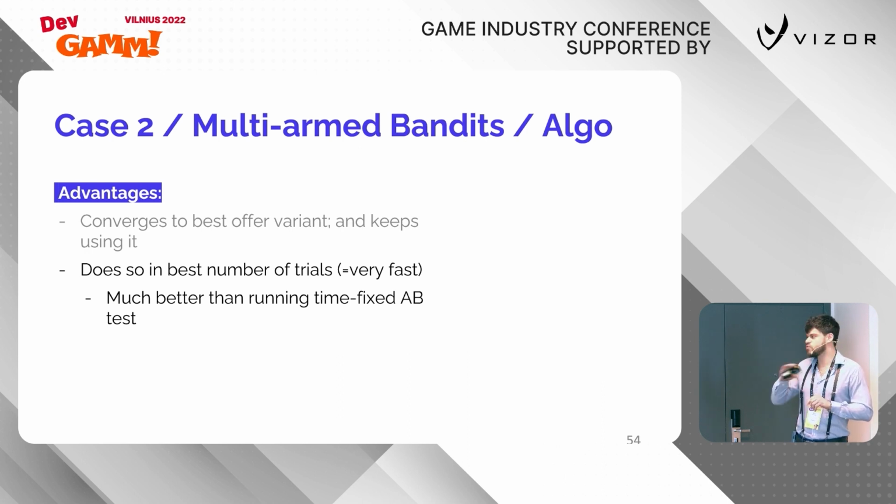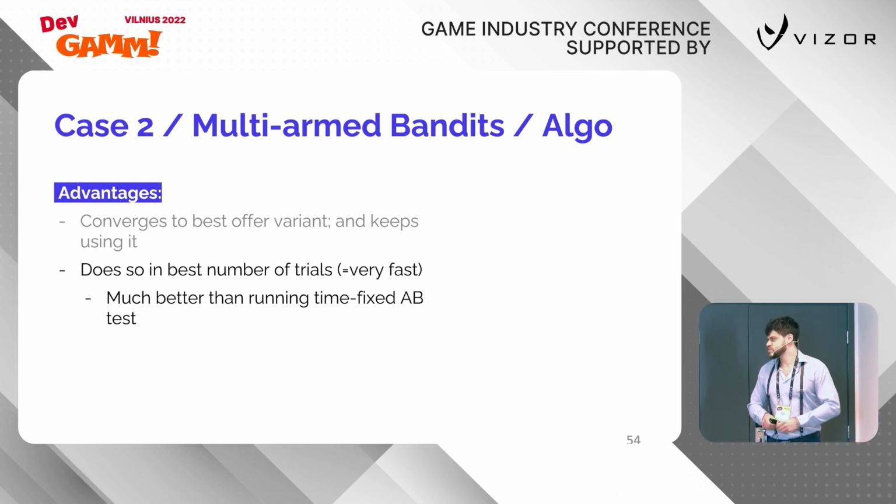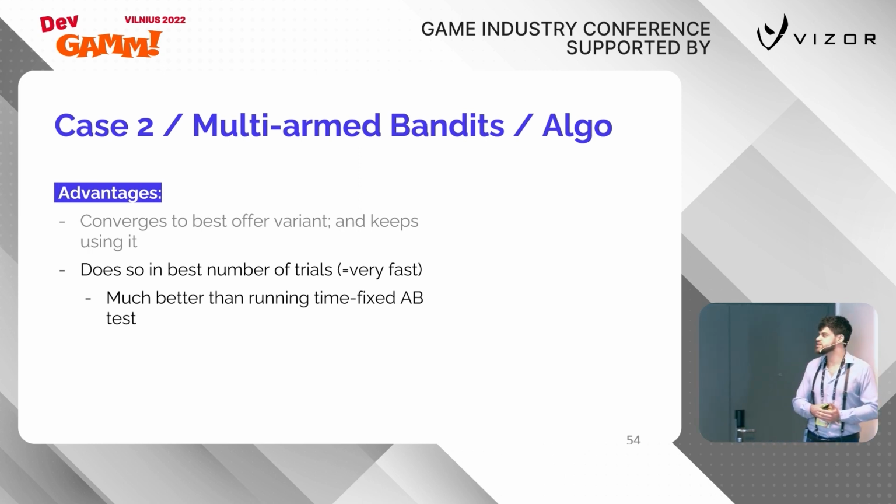Because of that, over time it gradually converges to the best solution. So if we compare running a regular A/B test with running multi-armed bandits, you can see that they converge to the best solution in fewer trials.